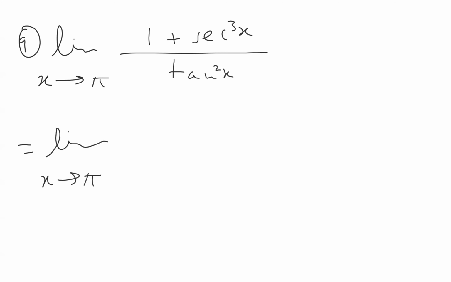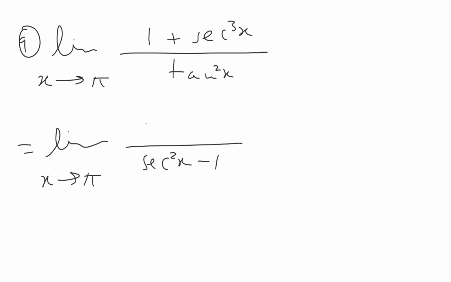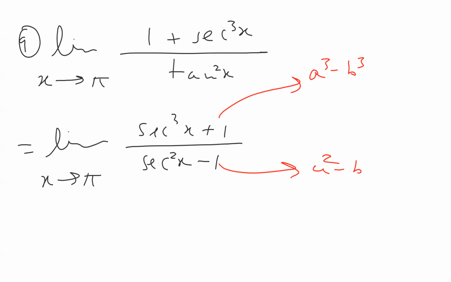So 1 plus sec cube x, and down sec square x minus 1. Okay, and in the numerator also I'll change the order. I'll write sec cube x plus 1. So in the numerator I'm going to apply a cube minus b cube, denominator a square minus b square.